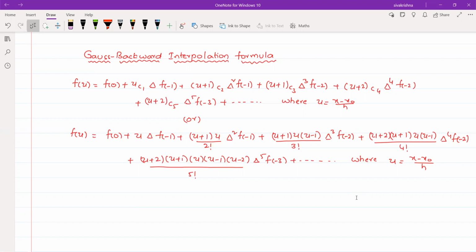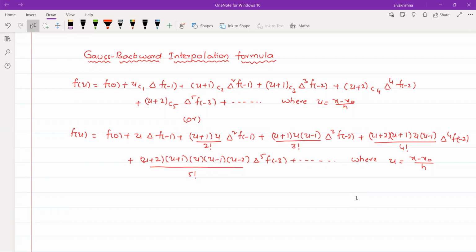So that u plus 1 into u by 2 factorial into delta square f of minus 1. And u plus 1 c3 can be written as u plus 1 into u into u minus 1 by 3 factorial into delta cube f of minus 2 plus u plus 2 c4 can be written as u plus 2 into u plus 1 into u into u minus 1.